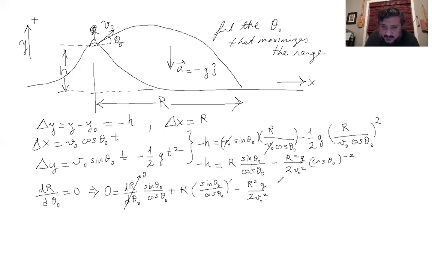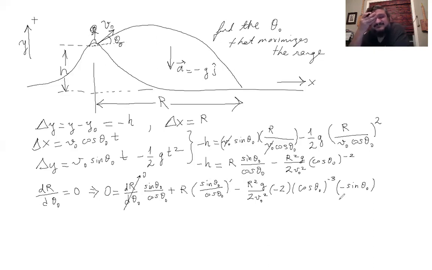There's a negative 2 here, which will come right there. Negative 2 times cosine theta naught to the power. Subtract 1 from negative 2, you'll have negative 3. But then you need the derivative of cosine theta naught, which is negative sine theta naught.